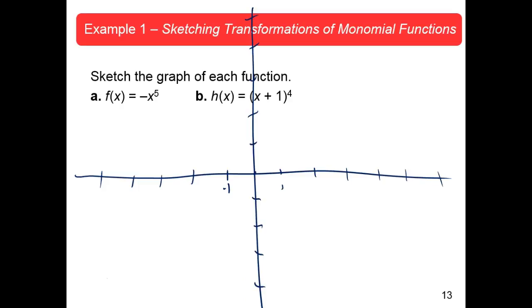Now, give me a point that's on the graph of f of x. If y'all don't want to do the parent function, we'll just go straight to that. What's a point that's on f of x? A really easy one. 2, you say? When x equals 2, what's f of x? 2 to the 5th power is 32.